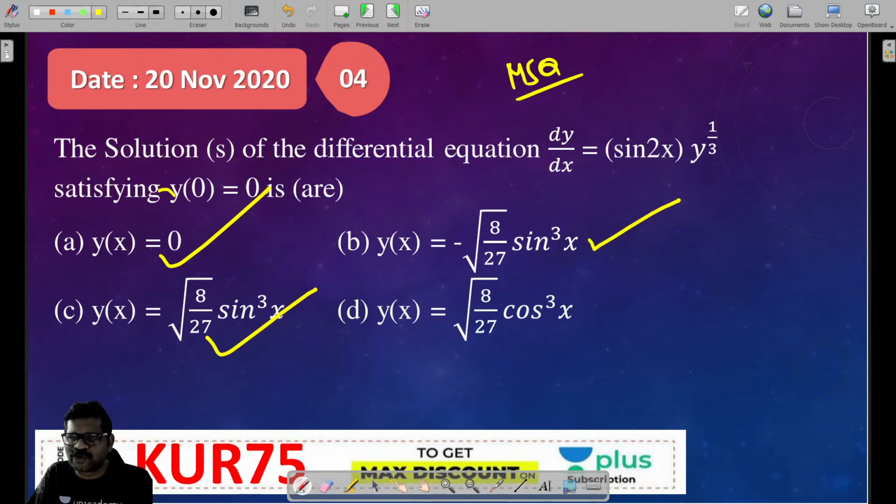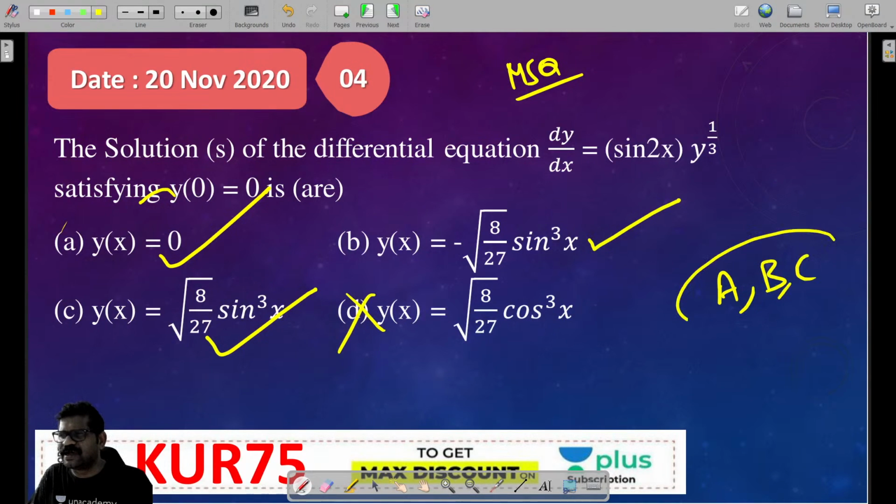So first option is true, second option is true, third option is also true. So first three options are found correct. Anyhow, last option is incorrect. So A, B, C are possible solutions for the given equation.